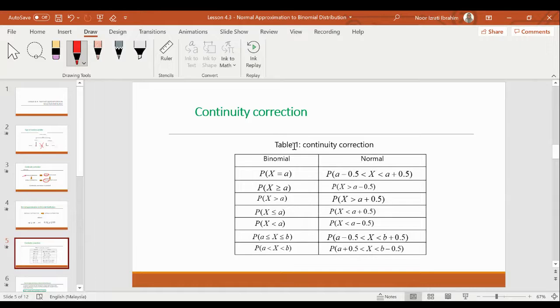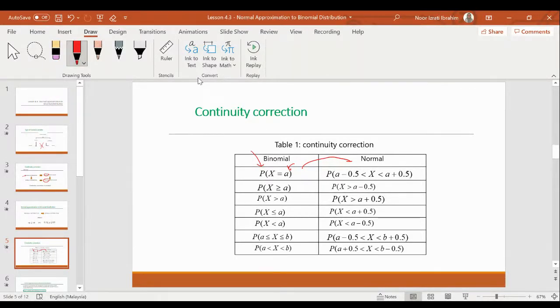So here is the table. You can find this table on your Blackboard in the learning resources. I have pasted this table. Every time you want to do continuity correction, you have to refer to this table. If the original question is probability when x equals a, you have to adjust it to x in between a minus 0.5 and a plus 0.5.